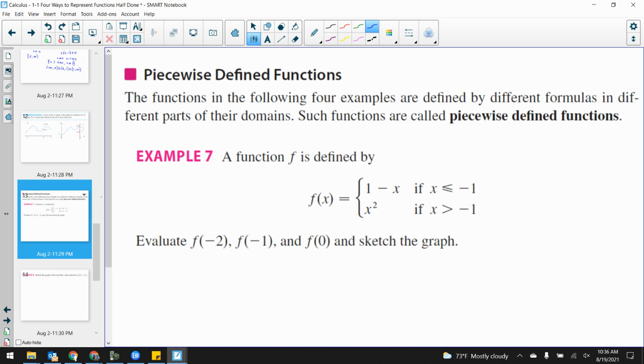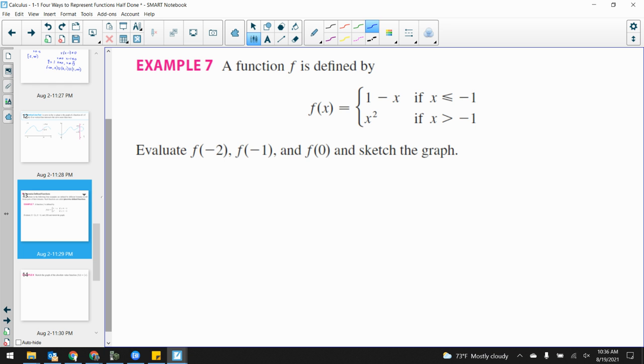To the left of negative 1, less than or equal to negative 1, it's defined by the linear function 1 minus x. To the right of negative 1, it's defined by the quadratic function, the quadratic parent, x squared. So let's evaluate negative 2, negative 1, and 0, and then use it to sketch the graph. For any piecewise function, you take a look at the input, see where the input tells you to go, and then follow that rule.